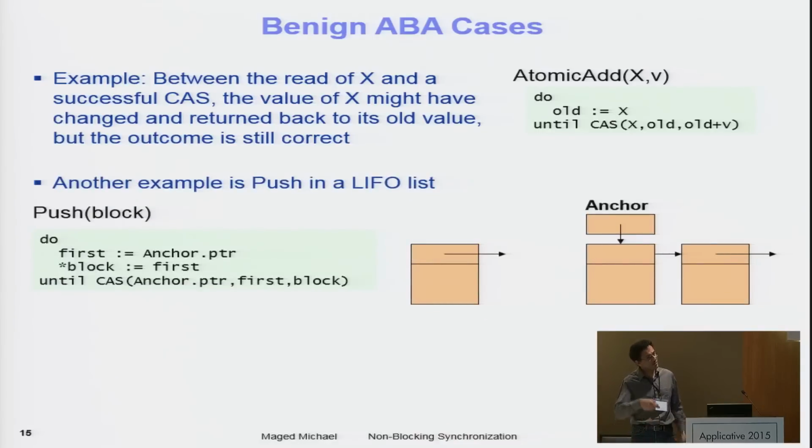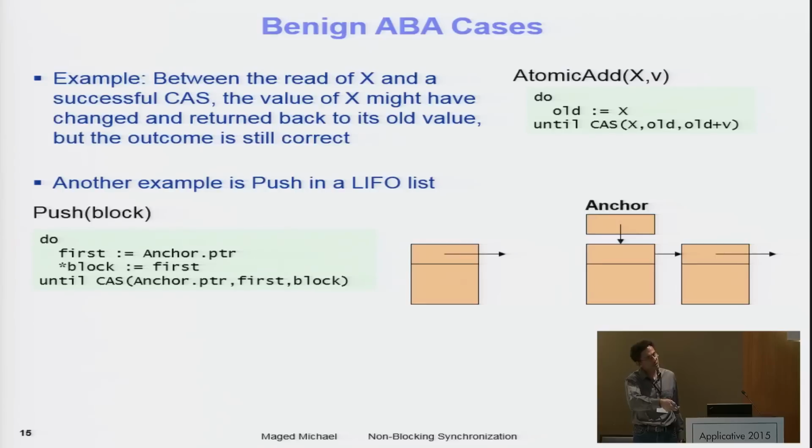In the example of push in a LIFO list, this is the counterpart of the pop that I showed in the previous slide. The push operation could encounter the ABA problem, but it's totally benign. So what happens here is that I'm reading the first node in the list, and this is the block that I'm inserting.